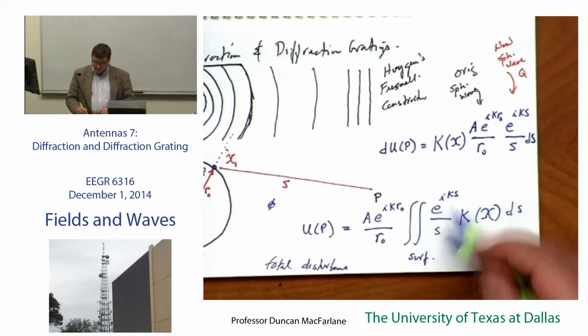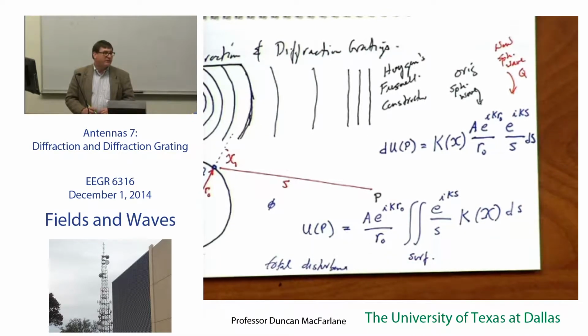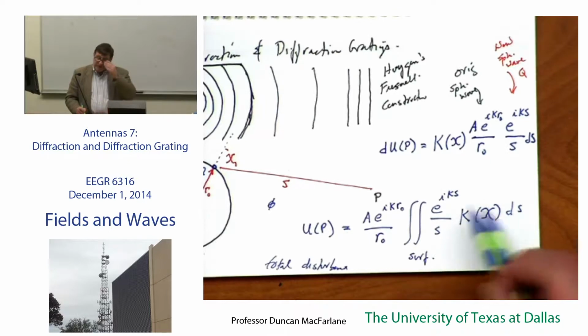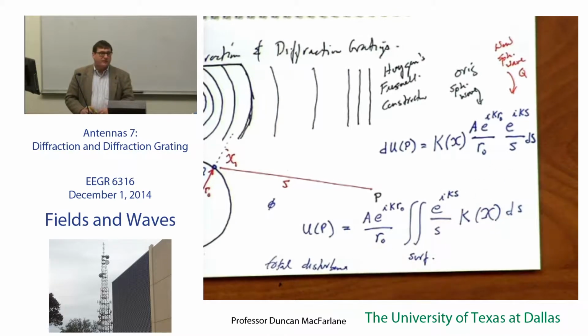And we let these spherical wavefronts propagate to some observation point, weighted in amplitude and phase by the cross-section K of chi. Okay?